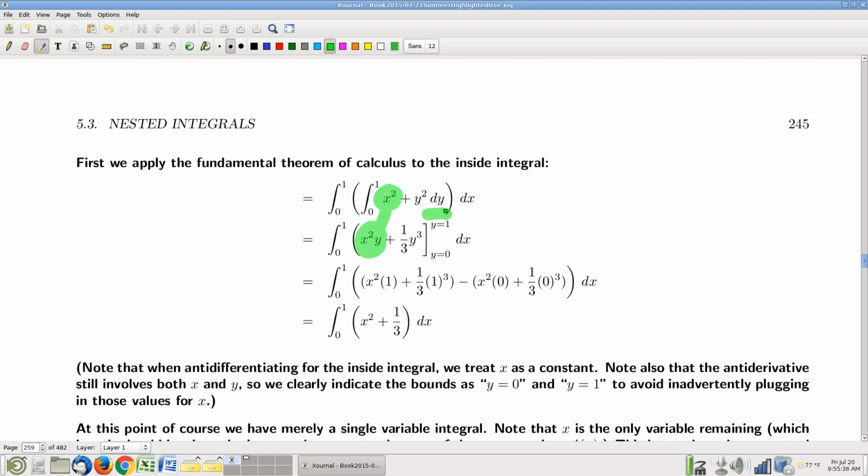We have fixed a value of x and are looking for what you might call a cross-sectional area. So x being a constant, you have to treat it like a constant, and the antiderivative of a constant is constant times y. How are we doing on that? Feel free to ask a question about this. This is a very common sticking point. Is everybody happy?